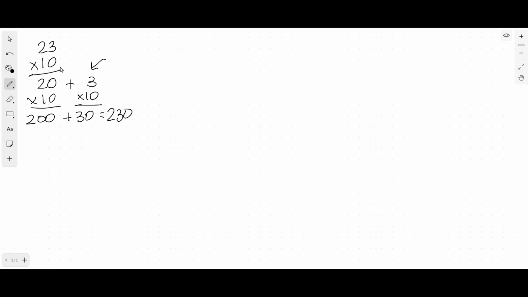So let's take a look at another way to write this down. I can do 23 times 10 plus 23 times 0. So it's like I'm doing the tens place and the ones place multiplication here. So this is 0 and this is 230. And I know that that doesn't look very clear.